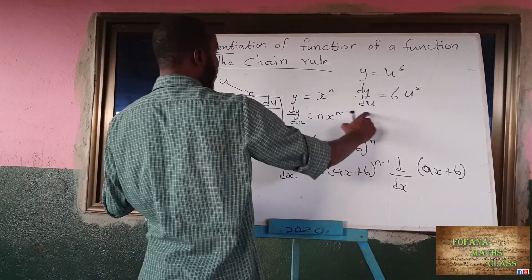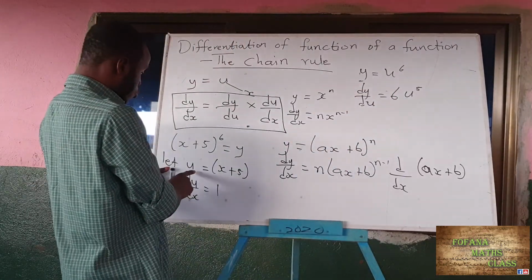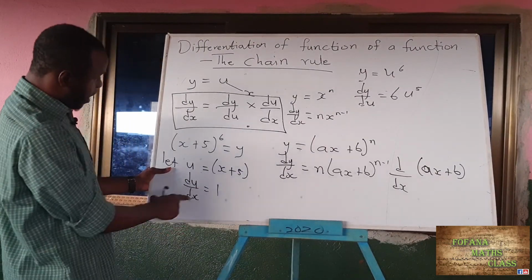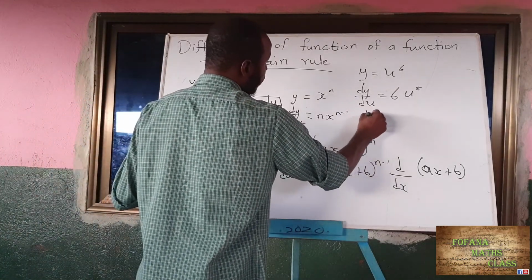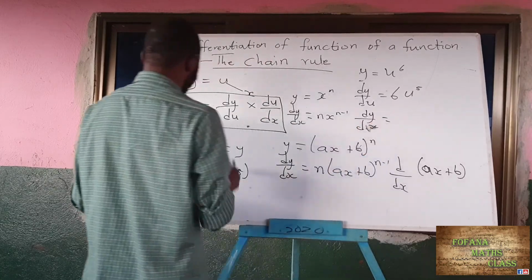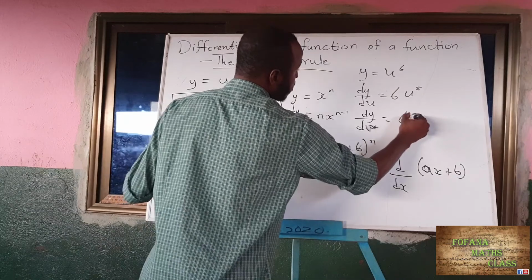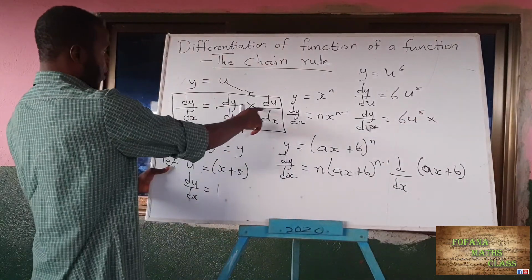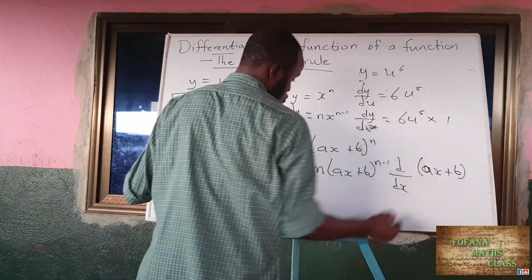Using the formula, dy/dx is equal to dy/du, which is 6u to the power 5, times du/dx. Du/dx is 1, so times 1.